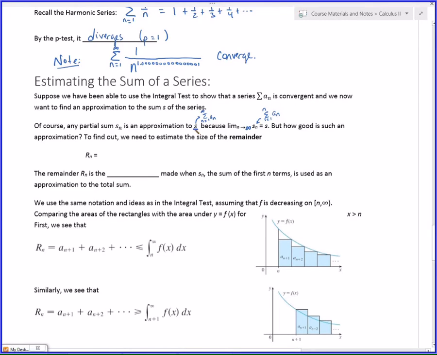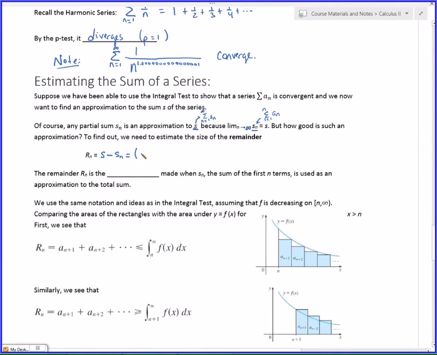How close is this to this? We know that as n goes to infinity, S sub n approaches S, but if I stop short, how close am I? What I really want to measure is S minus S sub n.